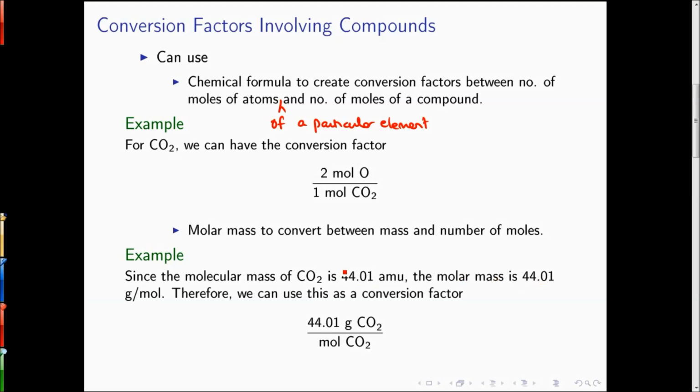The molar mass has the same numerical value as the molecular mass. And therefore we can use this as a conversion factor. So you have 44.01 grams per mole. Of course I can flip it over as well.